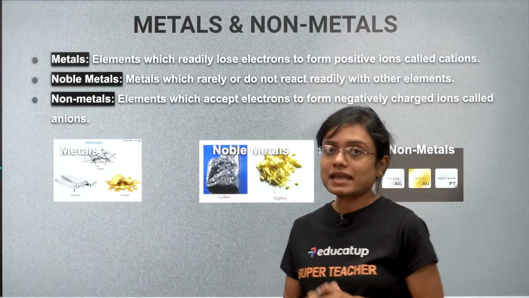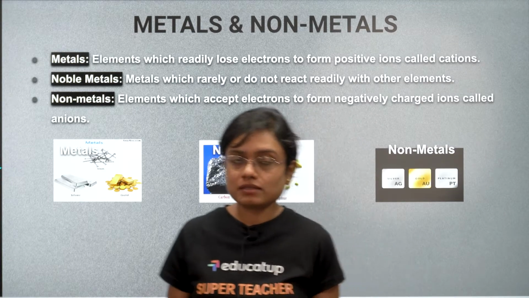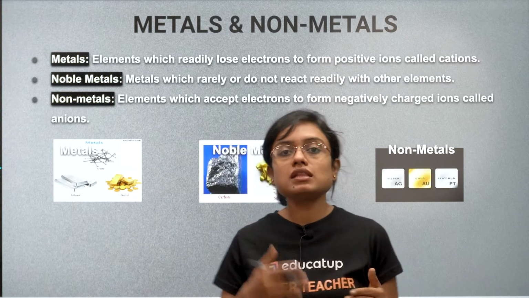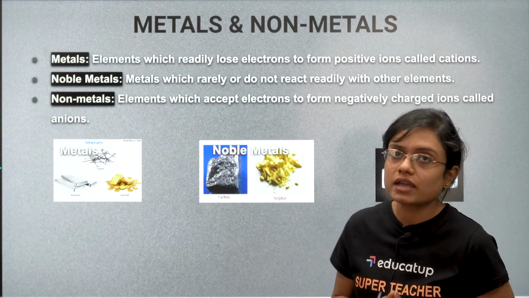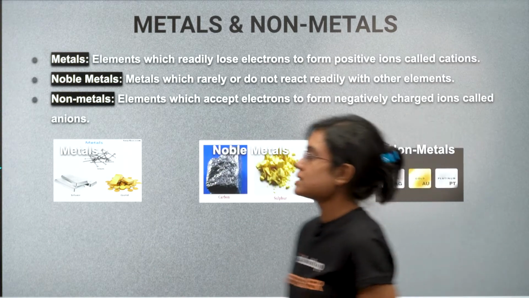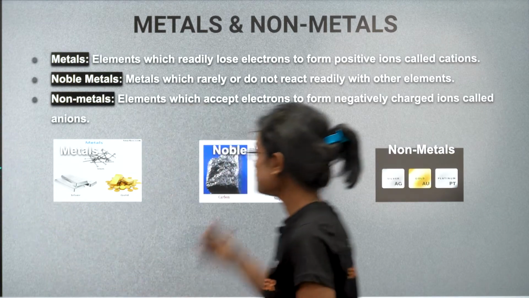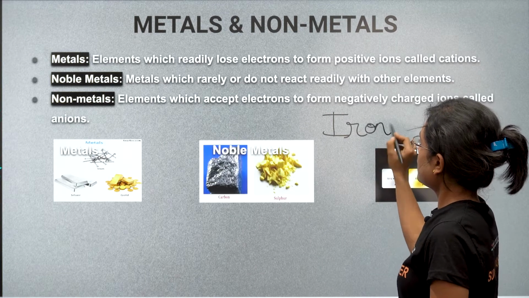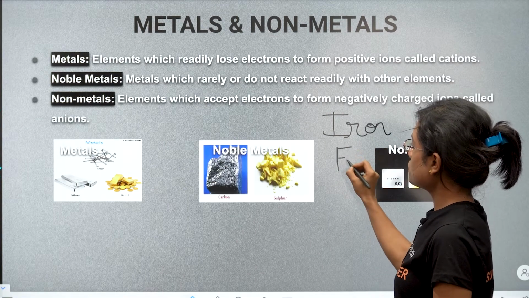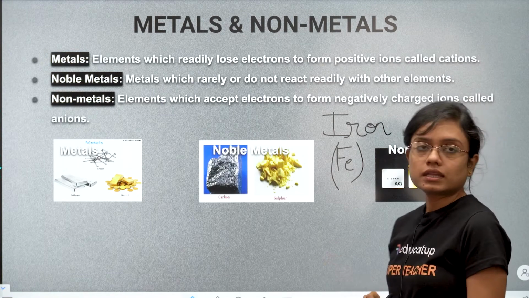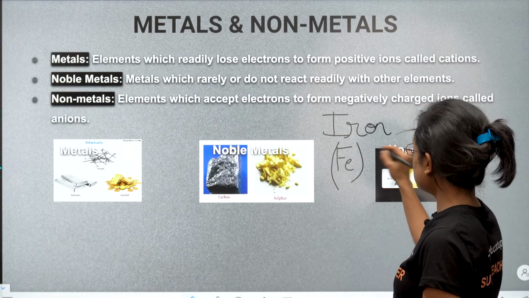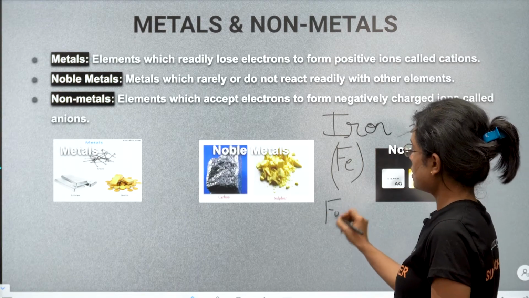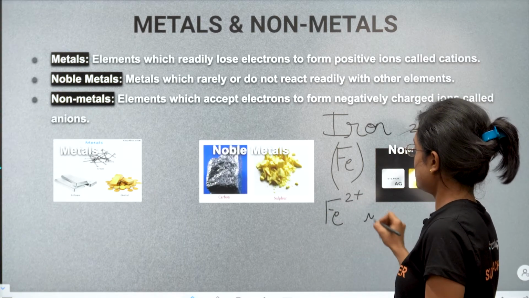Now, metals and non-metals. So what do we mean by metals and non-metals? Metals are those elements which readily lose electrons to form positive ions called cations. For example, if I talk about iron, iron is a metal, its chemical formula is Fe. Now, this Fe can readily lose 2 electrons and it forms the Fe2+ ion.